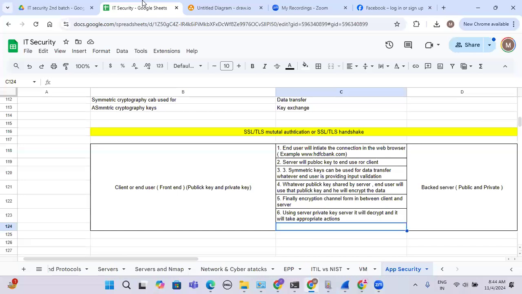And finally, authorization is verifying with the backend server to give grants or permission, whether the end user exists in the backend server. So using these two different combinations of symmetric and asymmetric, we can do the SSL/TLS handshake.